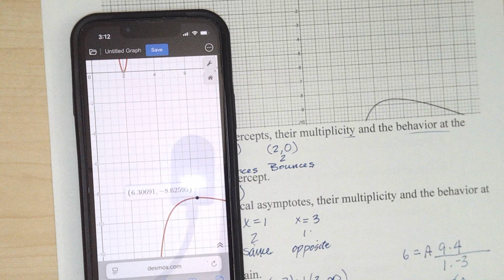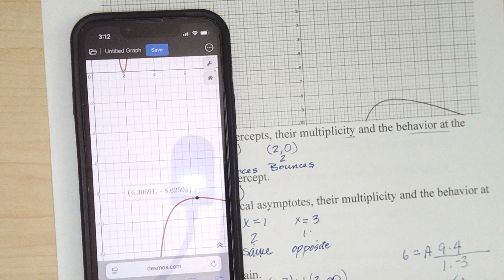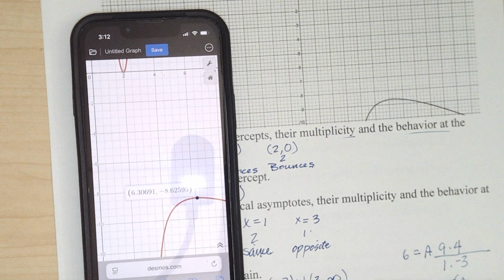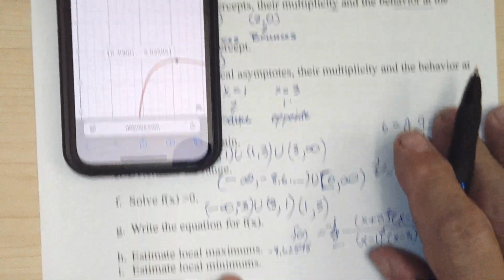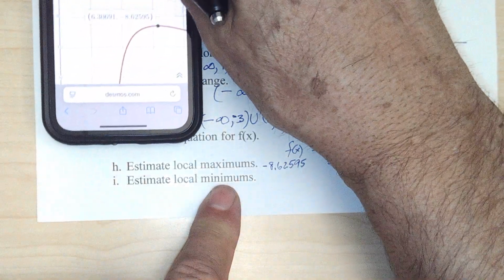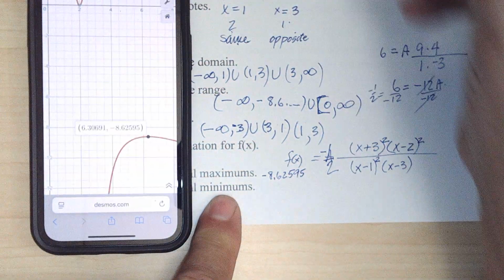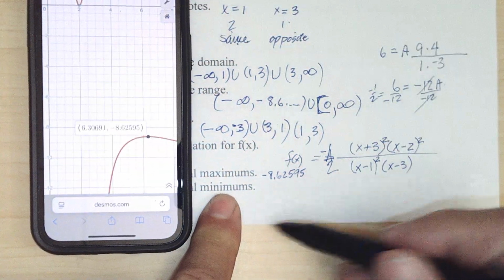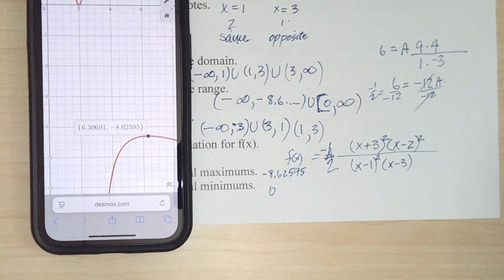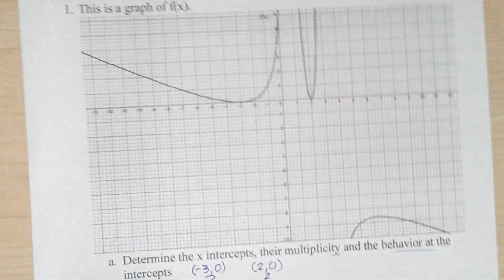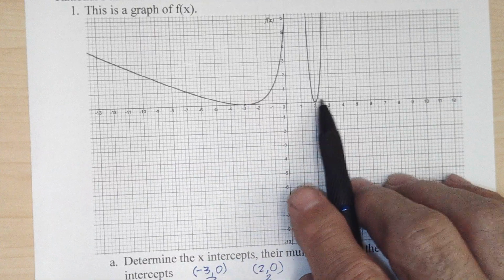Looks like our maximum is -8.62595. And our minimums, there's 2 of them, but they're both 0. So my minimums are a height of 0. Right there and right there.